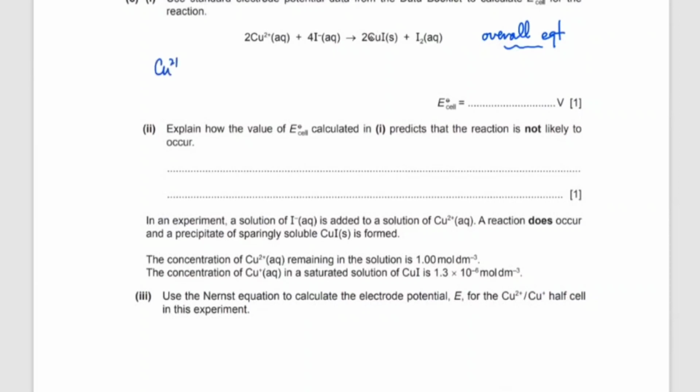Can you tell me what the value is for this? 0.15. And according to the equation, it's moving in the forward direction, right? And what's the other electrode?